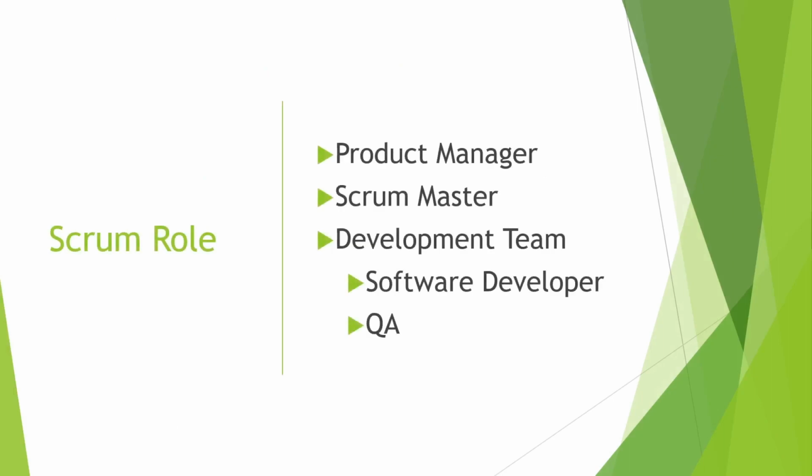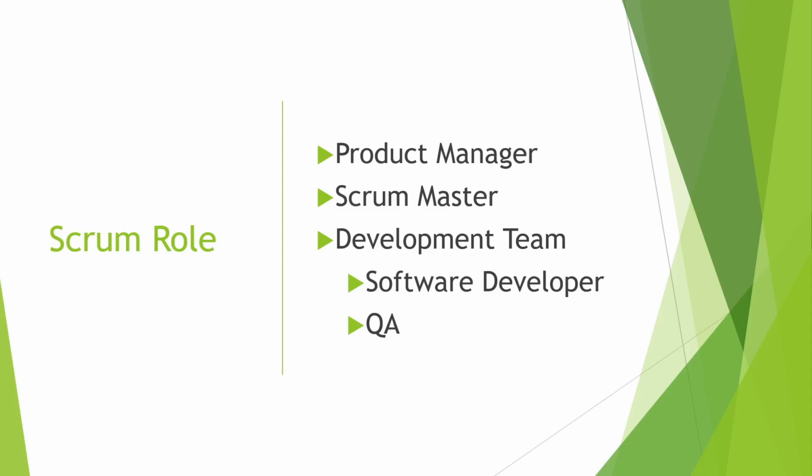So let's see what the Scrum roles are. In a Scrum team, a person could be wearing multiple hats depending on company size and the complexity of the products you're working on. You'll have a product manager, Scrum master, and a development team with software developers and the QA person.